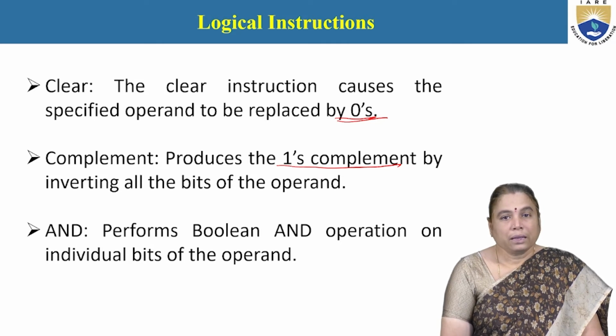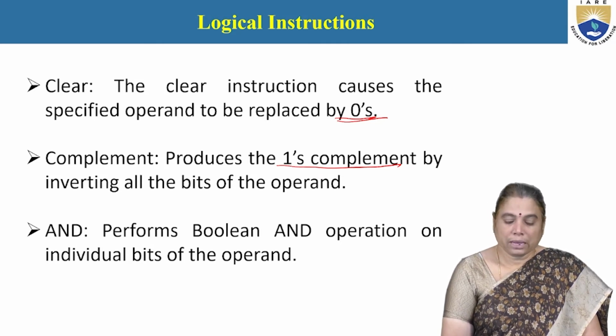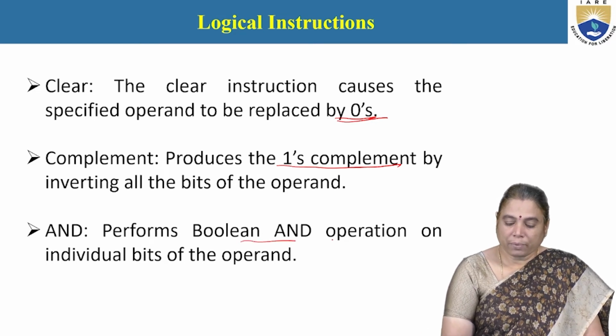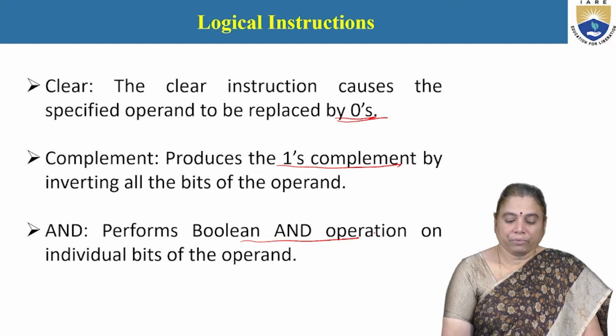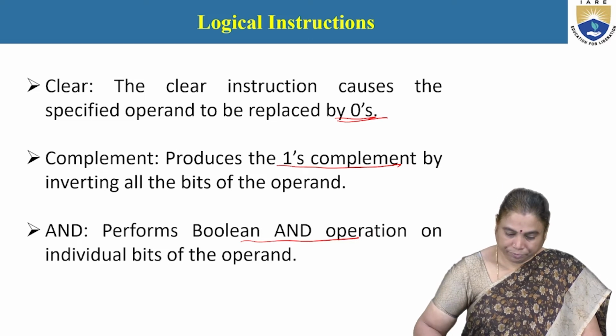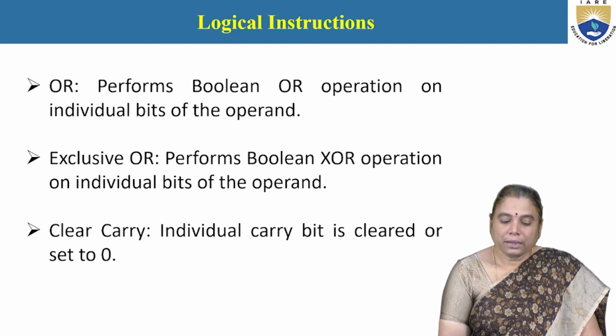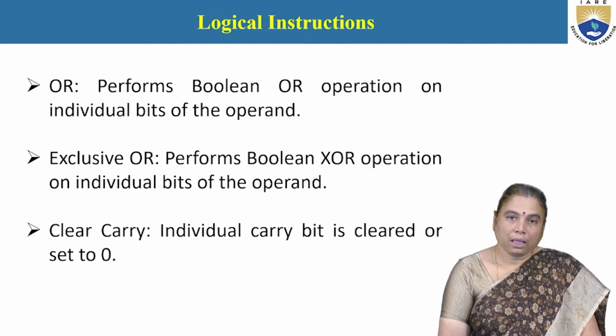That means it replaces 0 with 1 and 1 with 0. AND performs the Boolean AND operation on the individual bits of the operand. OR and exclusive OR perform Boolean OR and exclusive OR operations on individual bits of the operand.